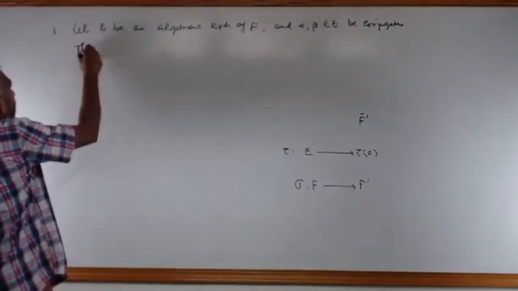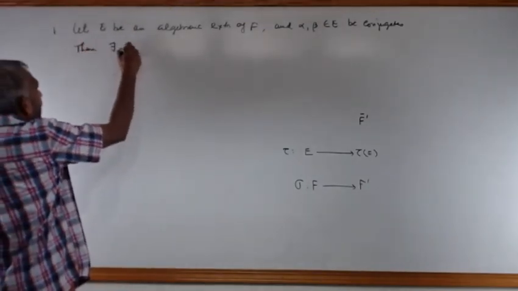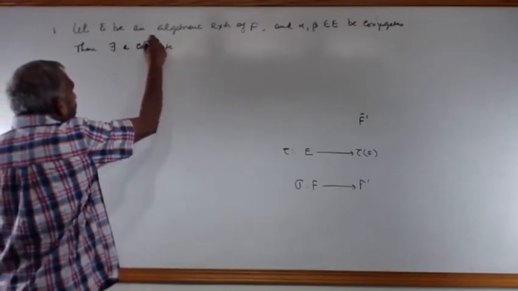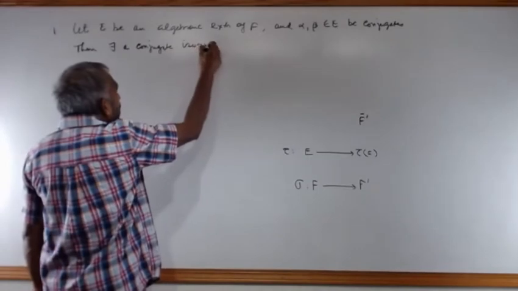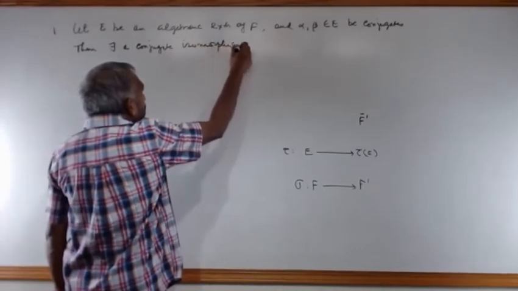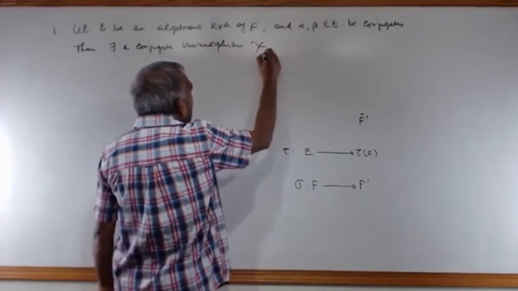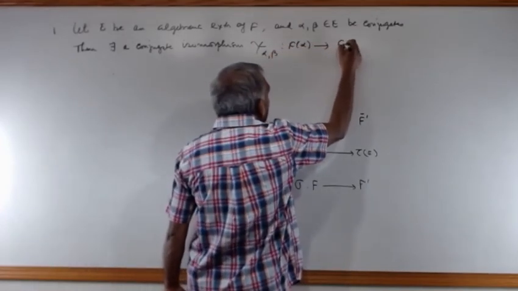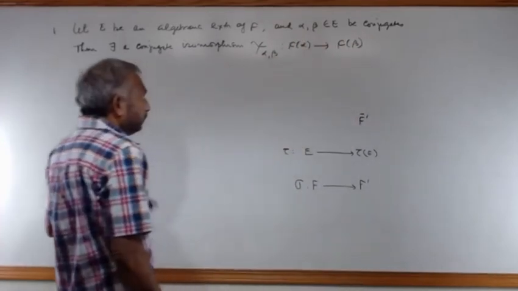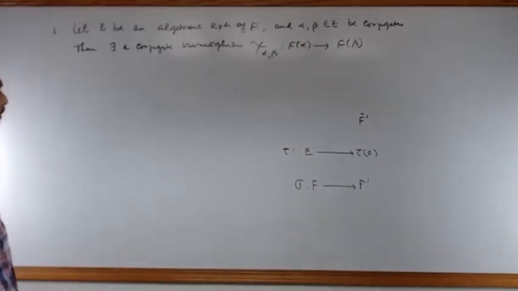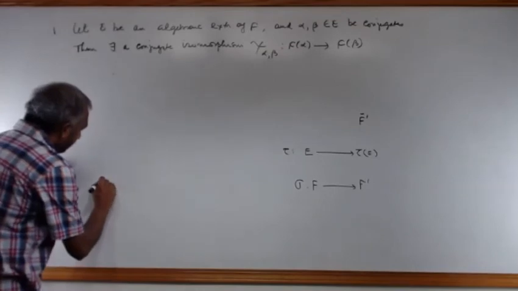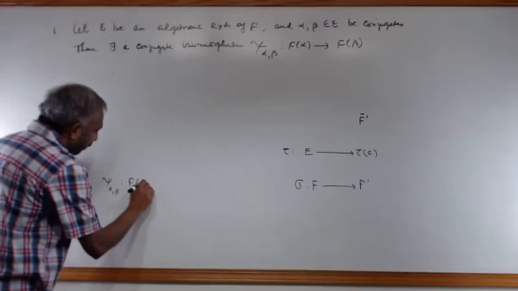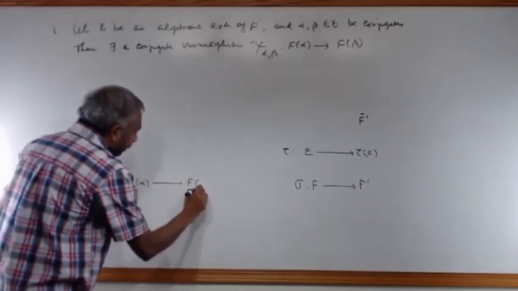Then there exists a conjugate isomorphism psi of alpha comma beta from F alpha to F beta. We know that. So what we have here is an isomorphism psi alpha comma beta from F alpha to F beta.